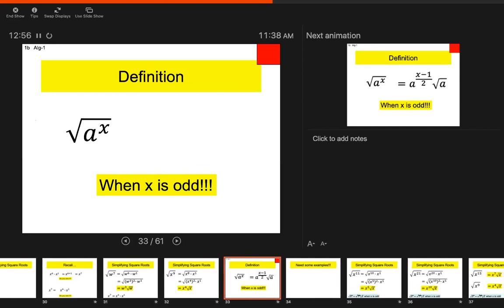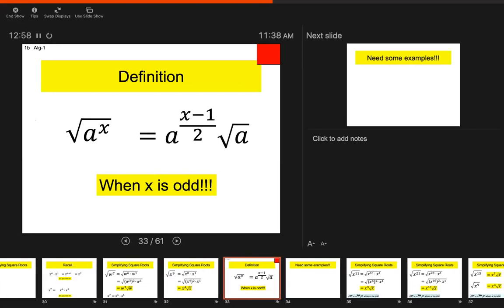So the second thing, if x is odd, okay, this looks way more complicated than it needs to be. All you do is the thing on the outside will be 1 less than x and then take half of it. In other words, if x is odd, subtract 1 from x and then take half. That's the power on the outside. What's on the inside will always be a to the 1st power, or just simply a.